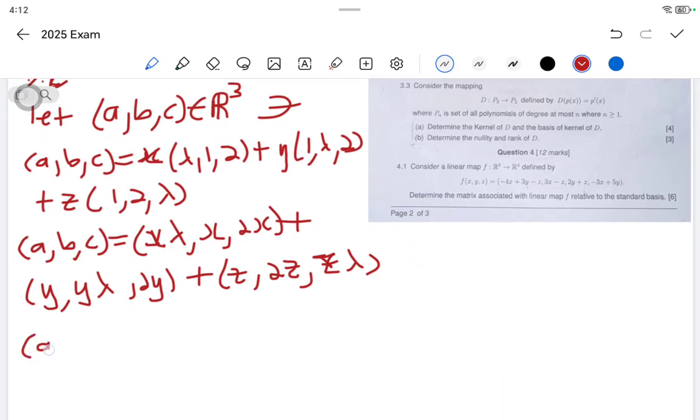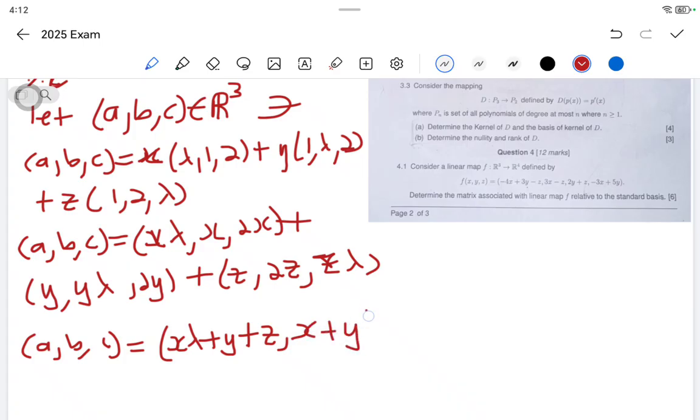And then A, B, C is equal to X lambda plus Y plus Z, X plus Y lambda plus 2Z, and then 2X plus 2Y plus Z lambda.